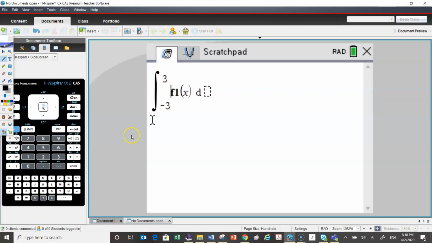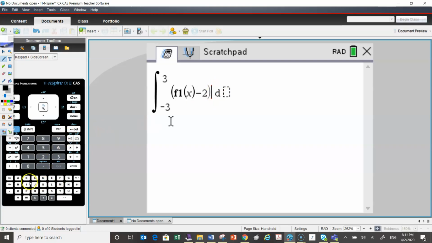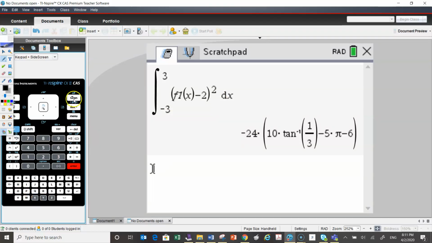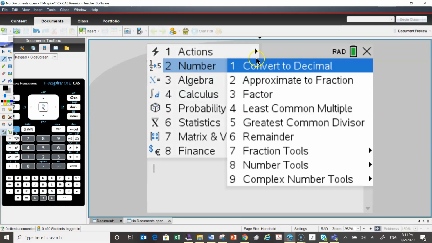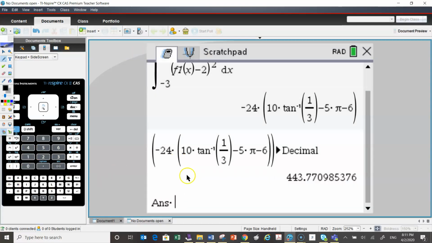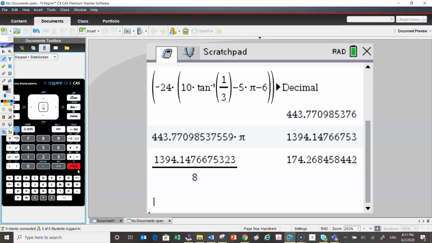I got to put this in brackets because I have to subtract the bottom curve, which is 2, and I have to square that whole thing because that's my radius. And if I integrate this with respect to x, that's going to be the answer for my integrand. And then I have to multiply it by pi over 8. So it's going to be pi divided by 8.